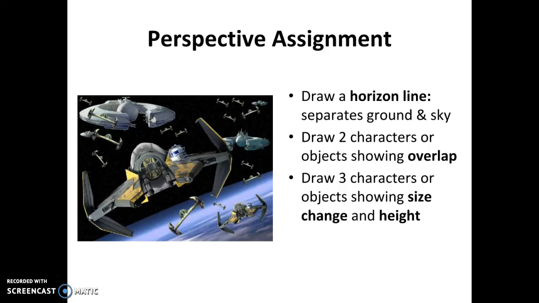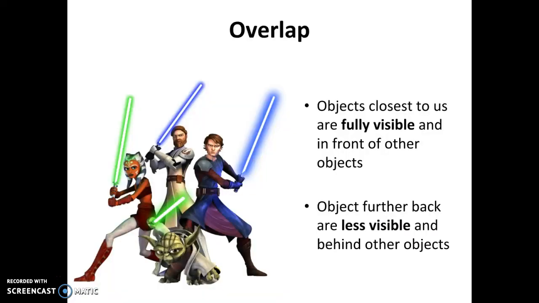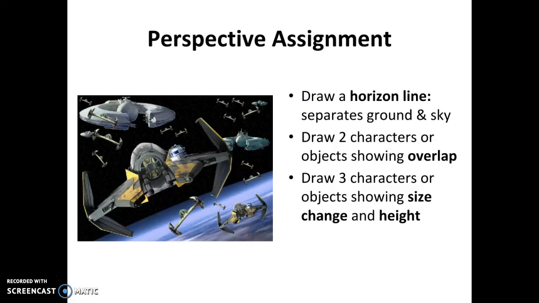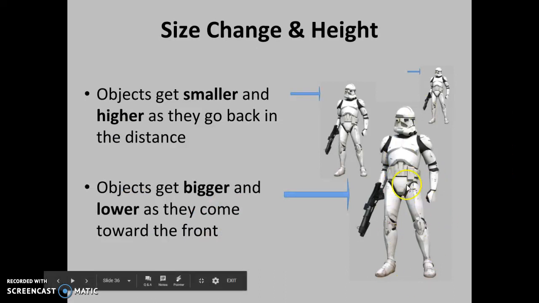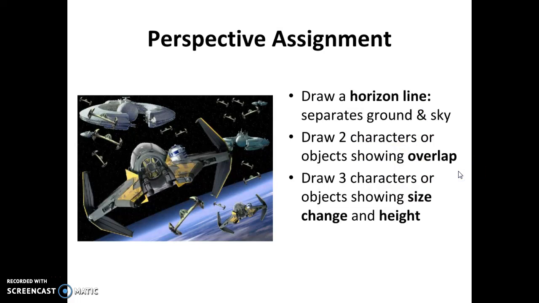So one thing in front of the other, like this. Next, you're going to draw 3 characters or objects that show size change, which means something on the page is going to be lower and larger than two other things which will be higher and smaller.